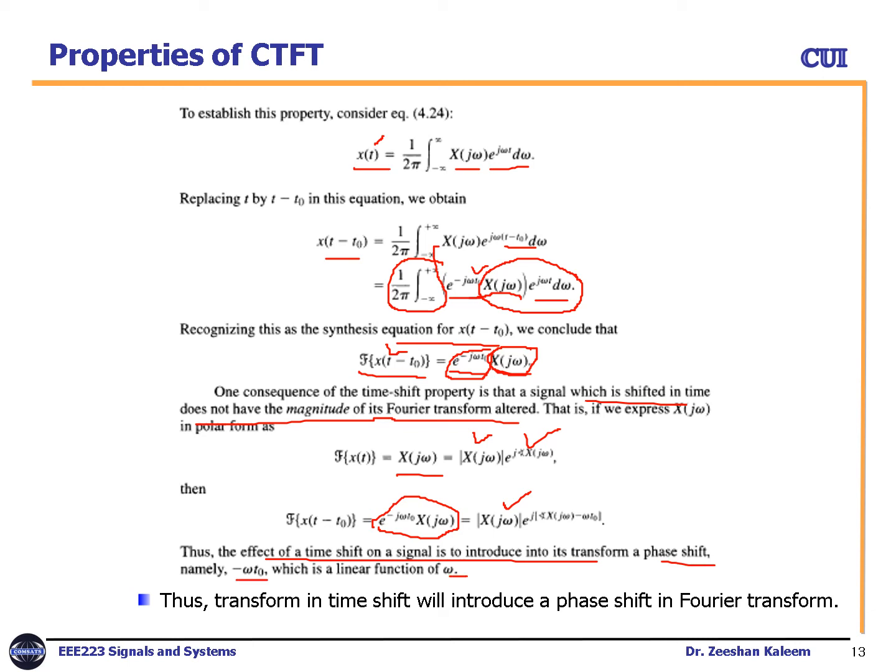So we conclude that a time shift introduces a phase shift in the Fourier transform. Whenever there is a delay in a signal in the time domain, when you take the Fourier transform there will be no change in the magnitude, whereas there will be a phase shift in the resultant signal.